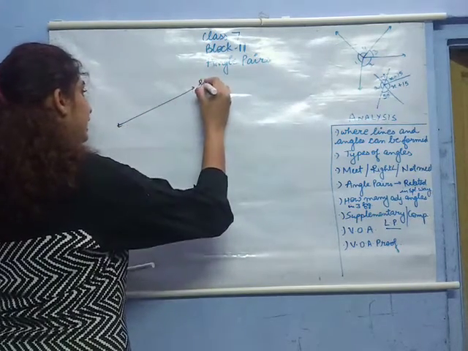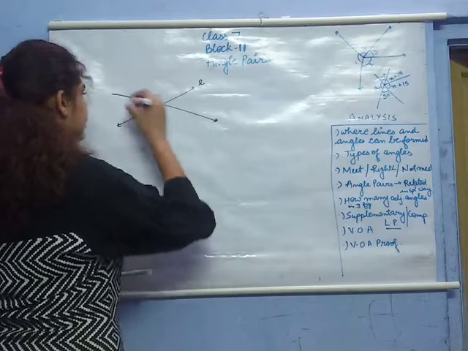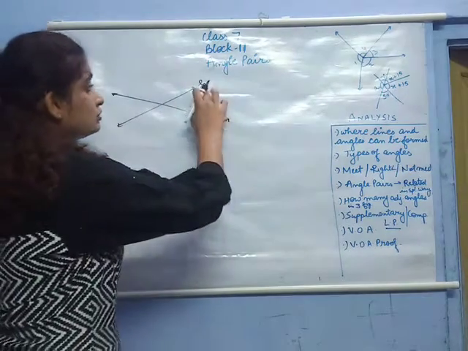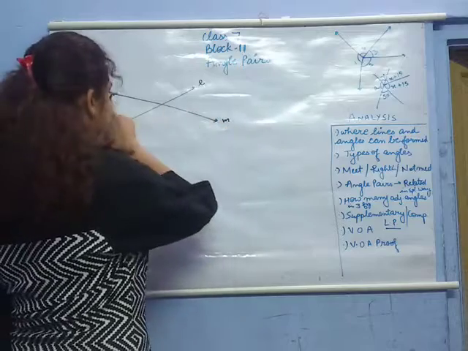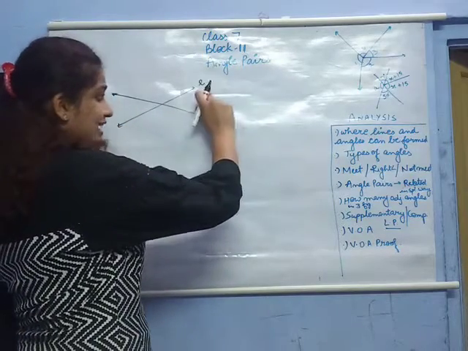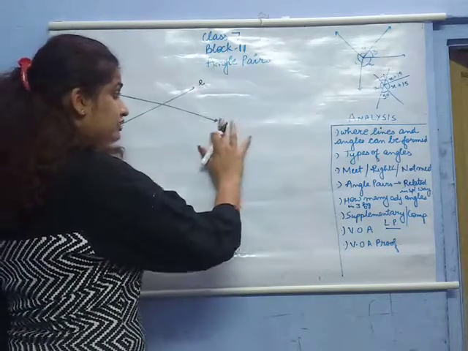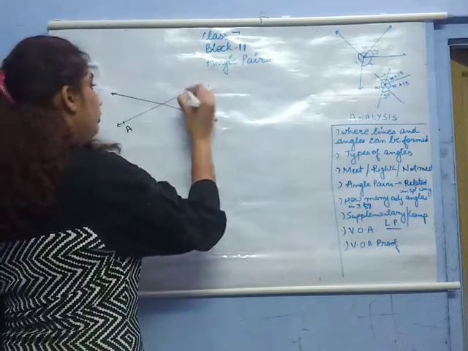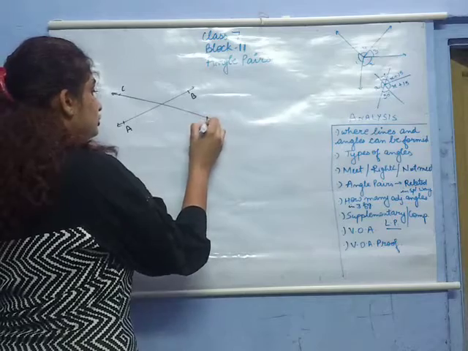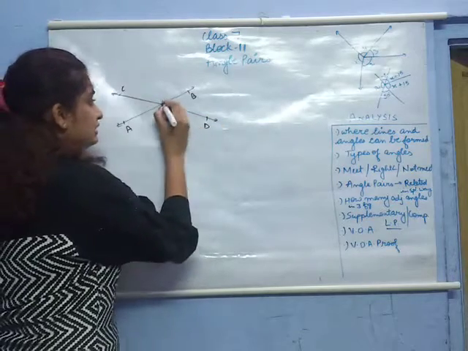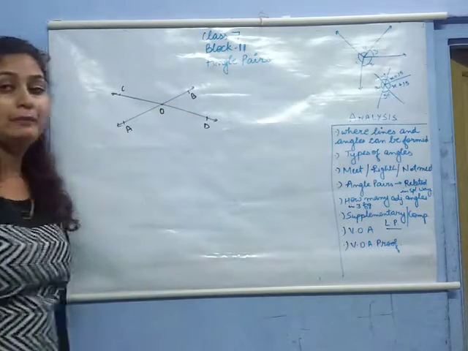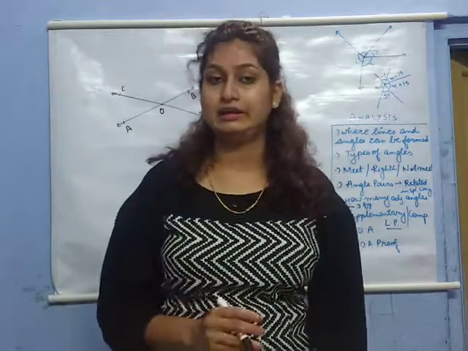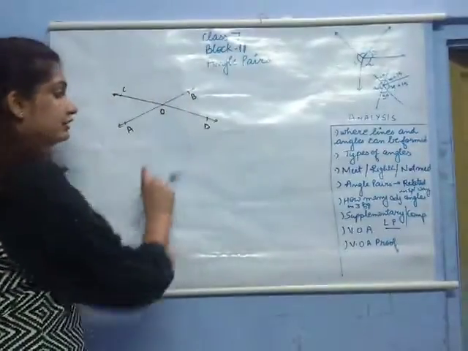This is line L, this is line M. If I am representing a line with small alphabets, then I don't need arrowheads at the other end. If I am representing it with capital letters, then I need both arrowheads. So this is line AB and this is line CD meeting at point O. Point O is the point of intersection where these two lines are intersecting.